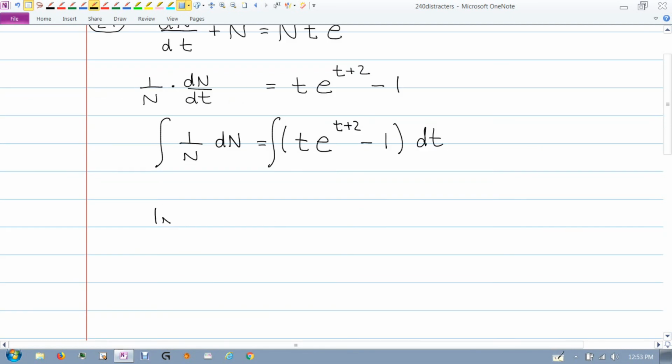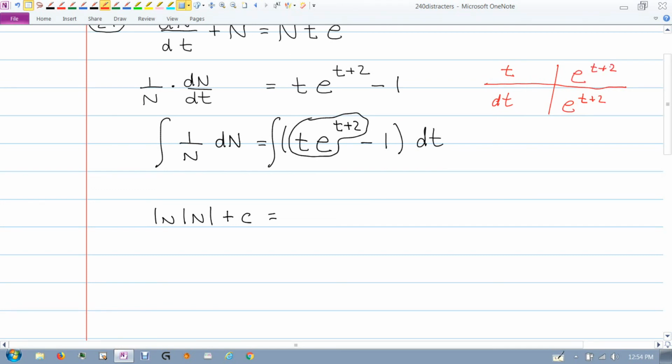So we have natural log of n, plus a constant, equals, and then over here, well, this is going to be integration by parts. So let's try that little table over here. I'm going t, this is going to be dt, I'm going to go a little faster here, e to the t plus 2, and the antiderivative of that is e to the t plus 2.